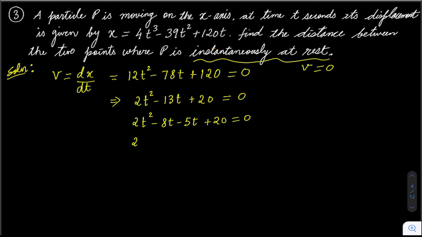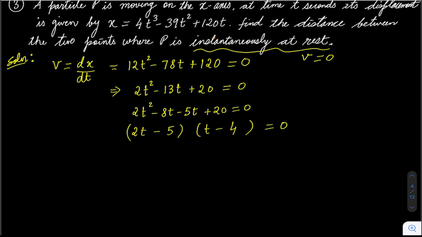And this will be nothing but 2t and this will be t. So (t minus 4) and (2t minus 5) equals 0; it should be 20, right?